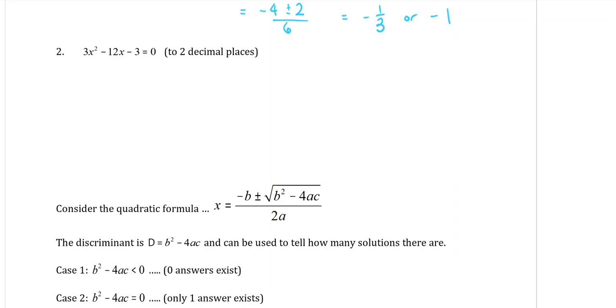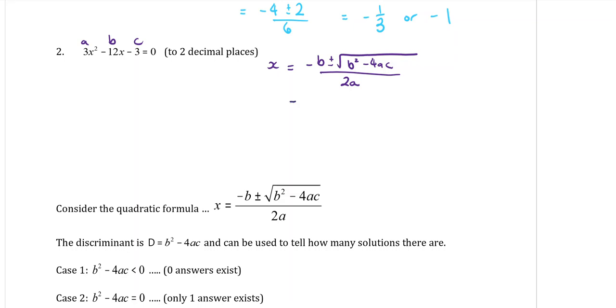Okay, so the quadratic formula is x equals minus b plus or minus big square root of b squared minus 4ac all over 2a. The a, the b, and the c come from the numbers in front of our x squared, x, and the constant, respectively.